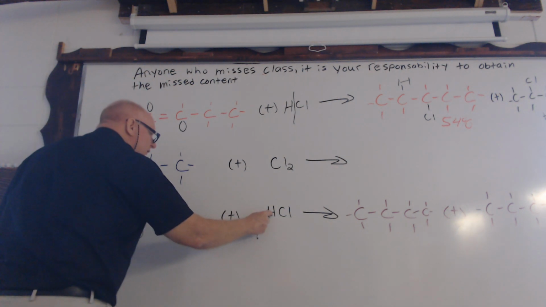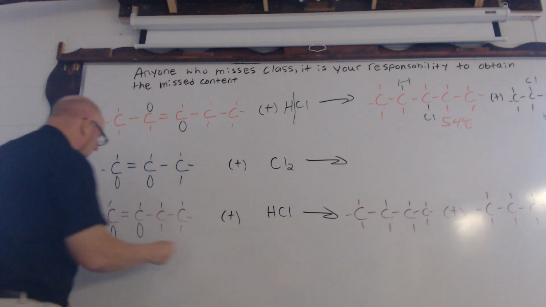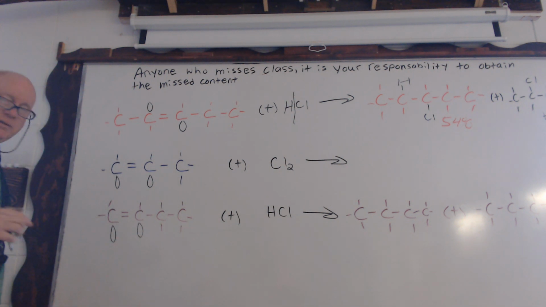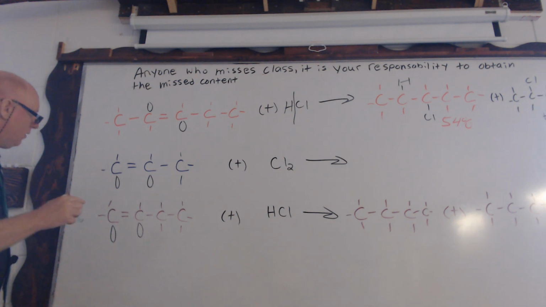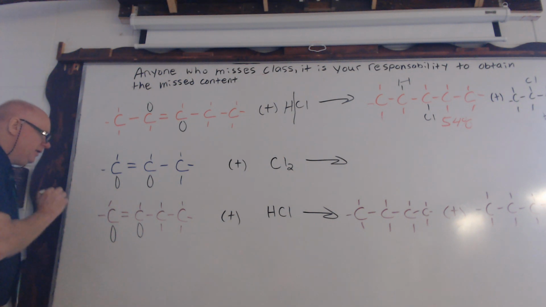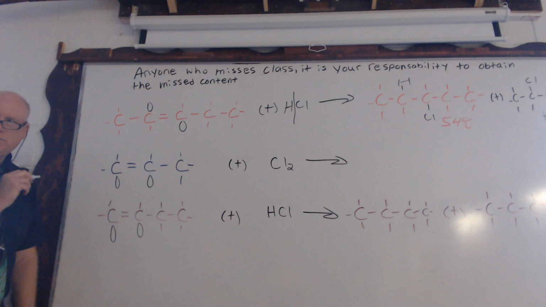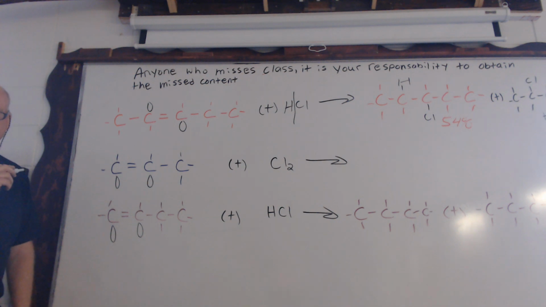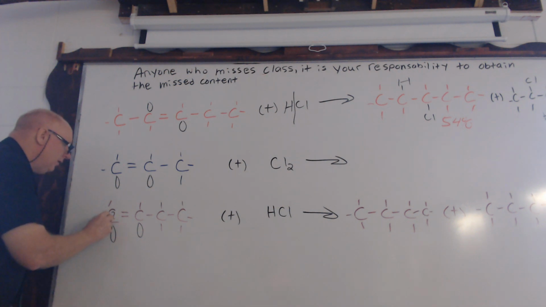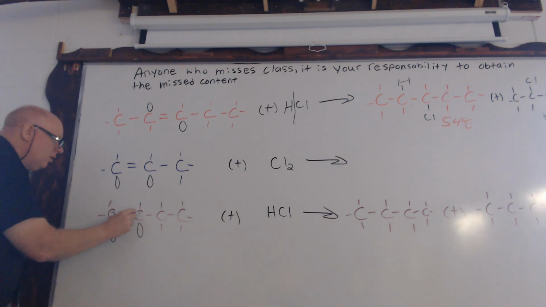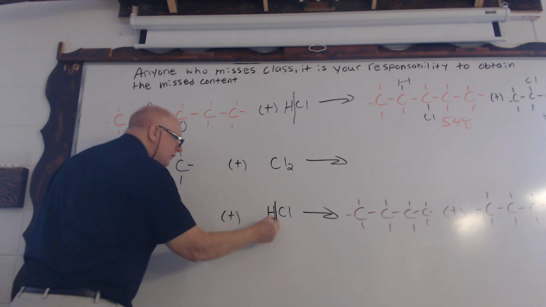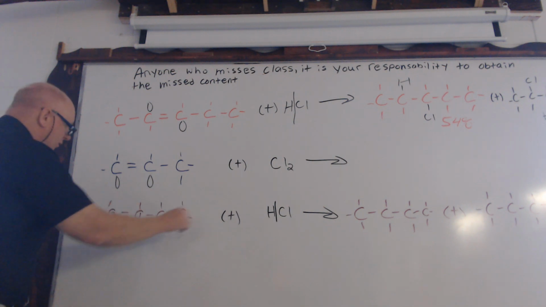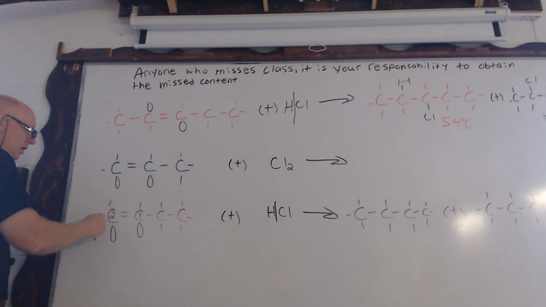So in this case, a common way of looking at this would be that this hydrogen is looking for whichever carbon already has the most number of hydrogens. So this carbon has how many hydrogens? This one's got 2. This one's got 1. So what that means is when this molecule breaks apart, this hydrogen is looking for whichever carbon has the most.